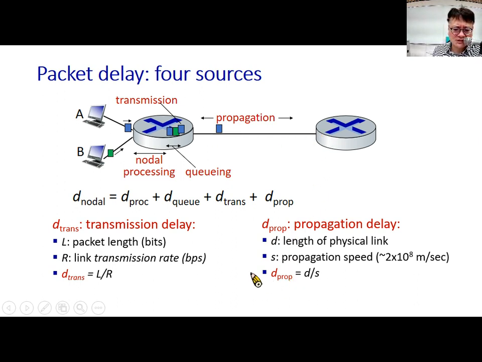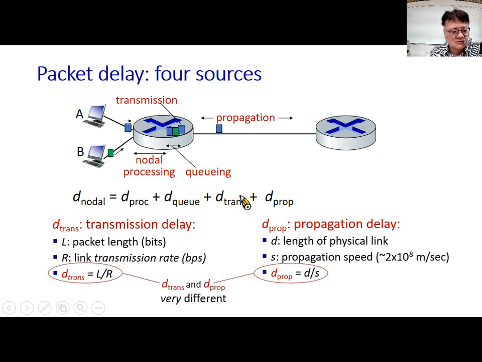Because the length is long, it should be a long delay. And D over the propagation speed tells how quickly or slowly the traffic moves over this length. So the propagation delay is D over S.